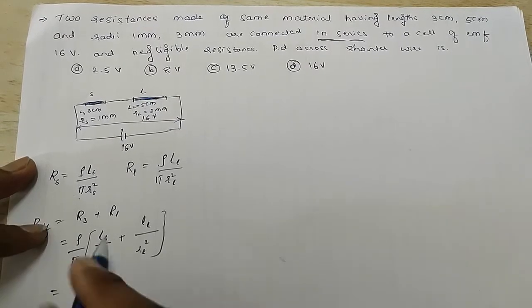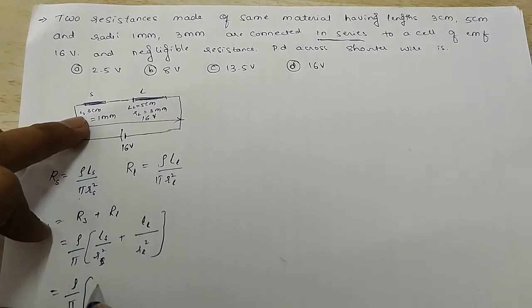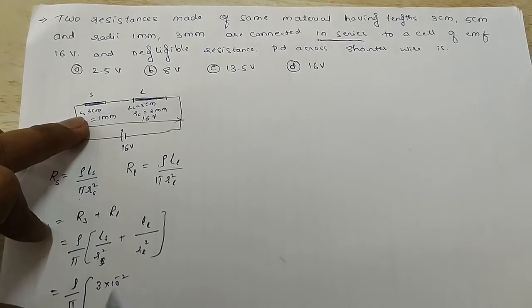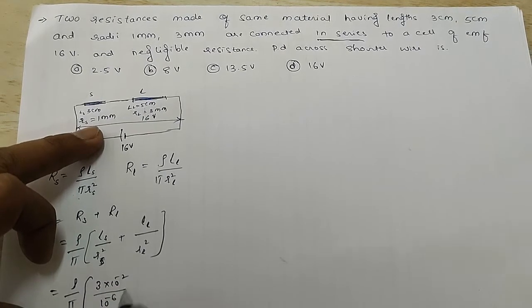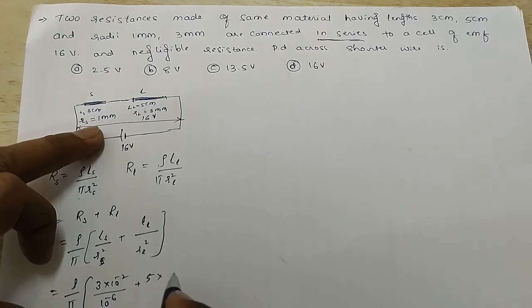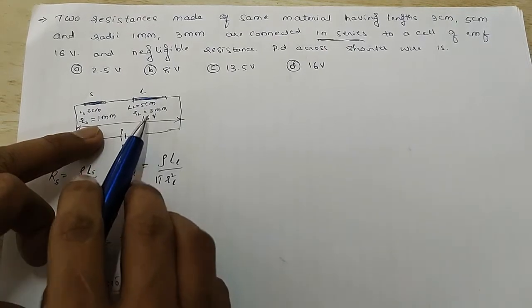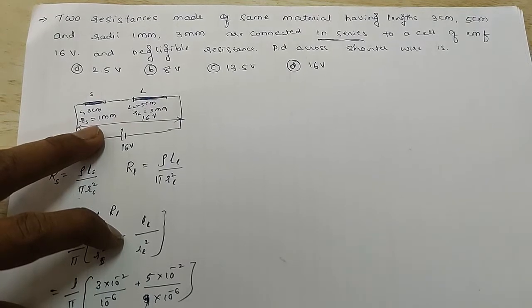Now if you substitute the values, it becomes rho by pi times, length of the smaller wire is 3 centimeter, that is 3 into 10 raised to minus 2, divided by radius 1 millimeter squared, hence 10 raised to minus 6, plus the larger wire length 5 into 10 raised to minus 2 divided by 3 square, that is 9 into 10 raised to minus 6.